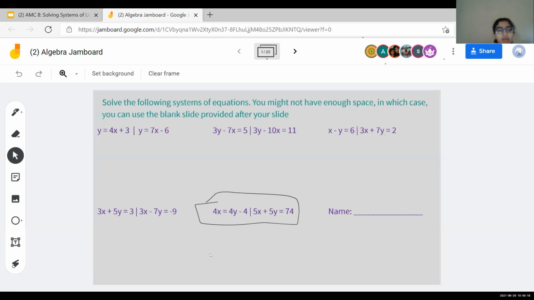Okay, so everybody solve this problem. 4x is equal to 4y minus 4, and 5x plus 5y is equal to 74.